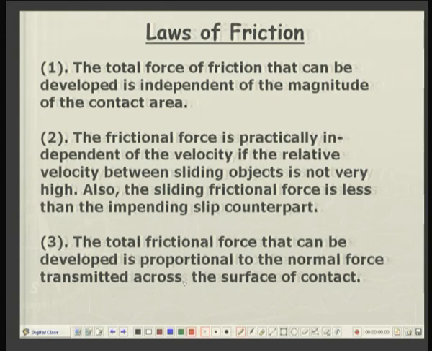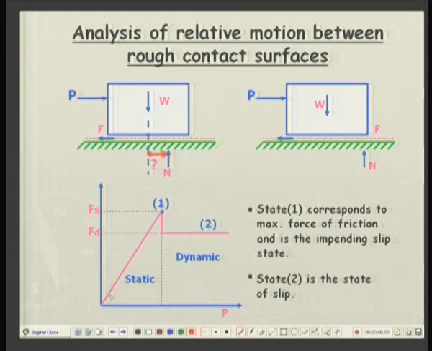And thirdly, the total frictional force that can be developed is proportional to the normal force transmitted across the surface of contact, that is the normal reaction. So, the force of friction is proportional to the normal reaction. As we have seen in the previous discussion, this is a straight line relationship.